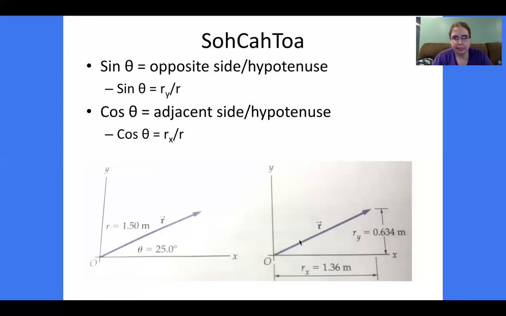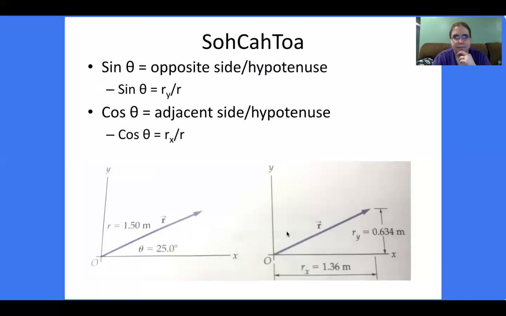Adjacent to it is our x value. So that's how we know what adjacent versus opposite is. So cosine of theta equals the x component divided by the resultant.